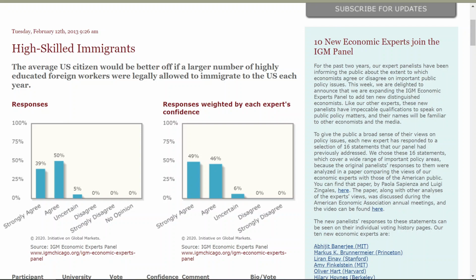So again, it's much more complicated than just increasing the supply curve. There are significant benefits from having an increased labor force, in particular high-skilled labor force coming into the country.